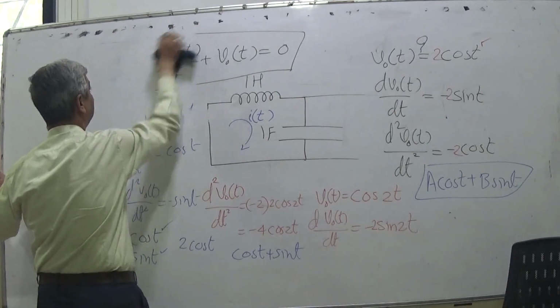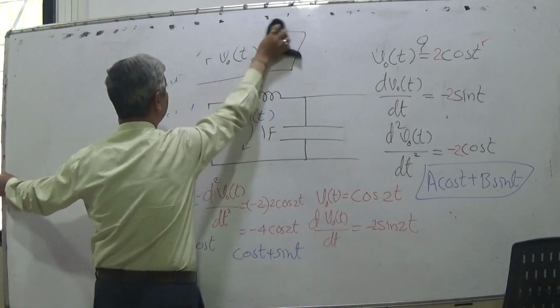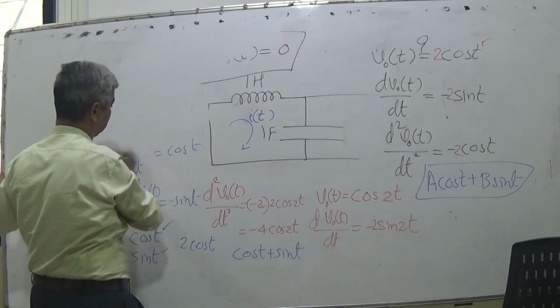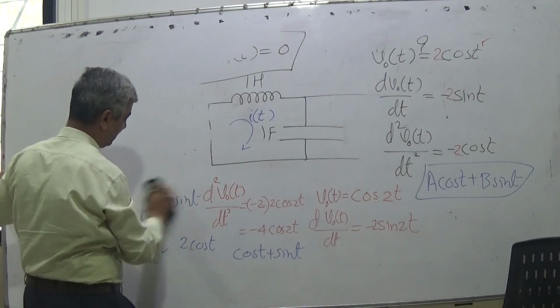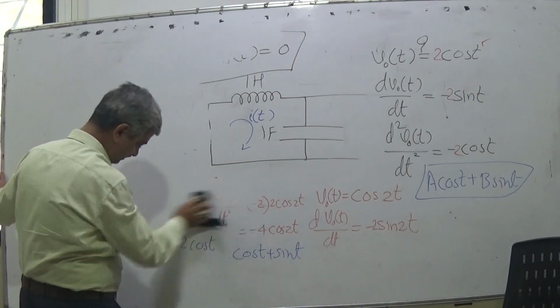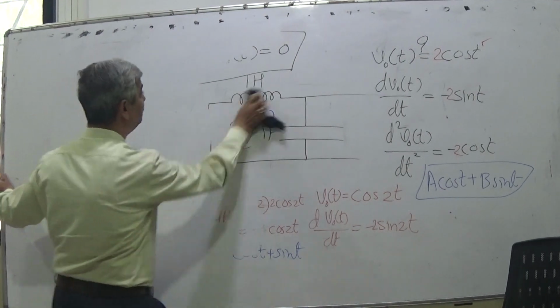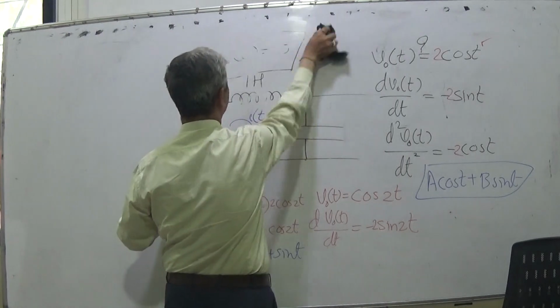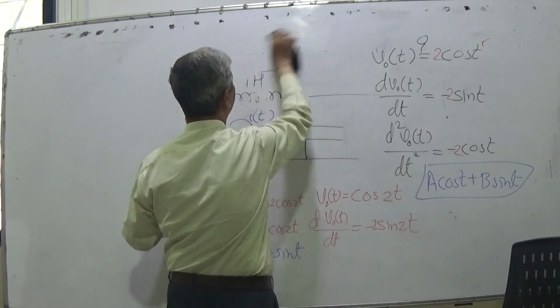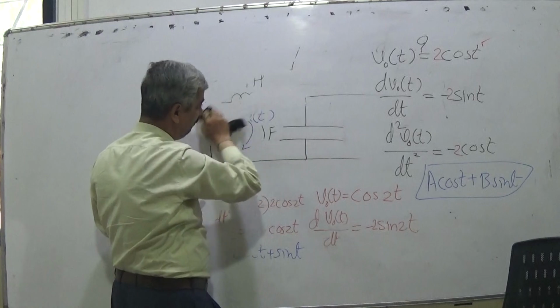Everything can be implemented, because resistor, inductor and capacitor are all available components, and a voltage source is also available. We can interconnect them as we wish.